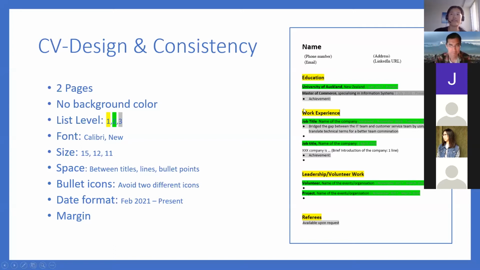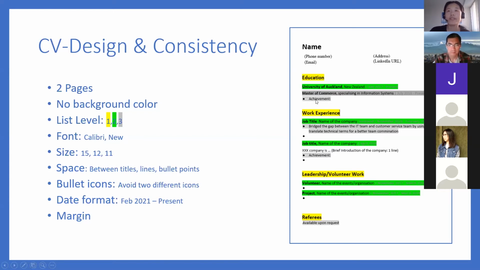For size, for example, I used 15 for the level 1 education. I used size 12 for level 2 University of Auckland. And then I used size 11 for the main body part of the description. Same for work experience and leadership, so it's all the same.